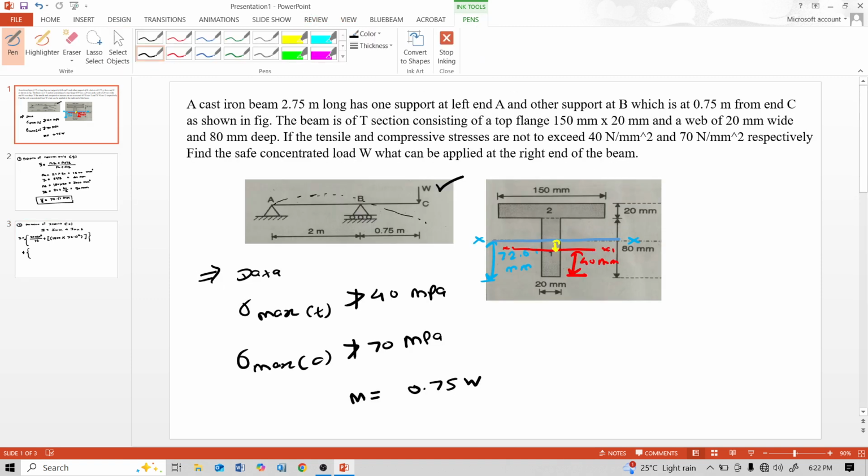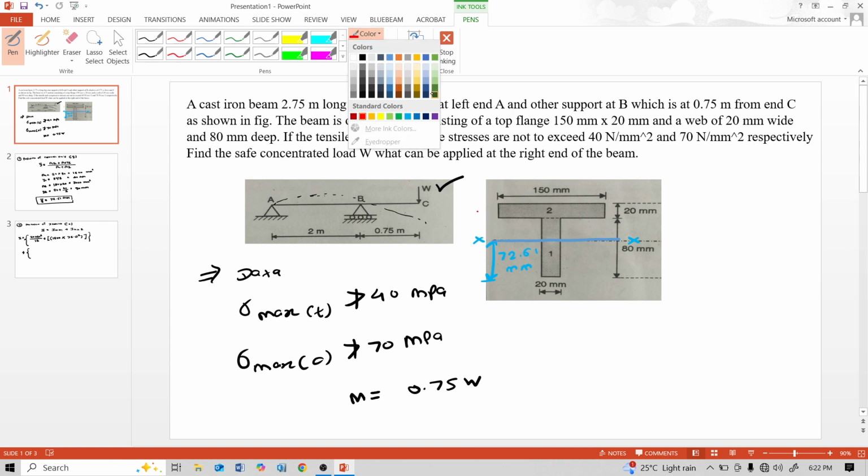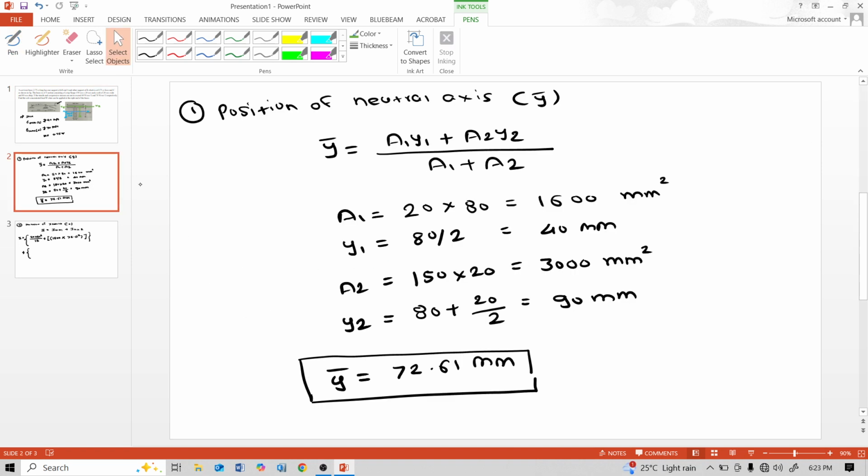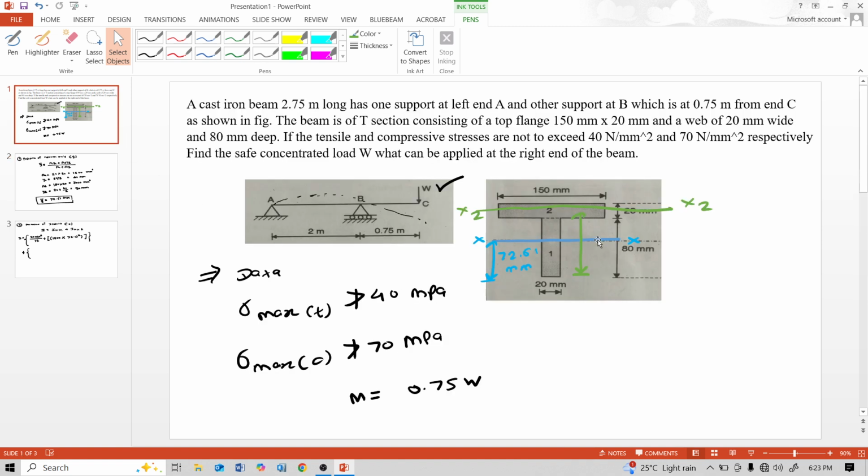Next, calculate for the x2 axis. The top flange mid axis is x2, and this x2 is at a distance y2 of 90 mm from the bottom tensile fiber, that is 80 mm plus 20 by 2.